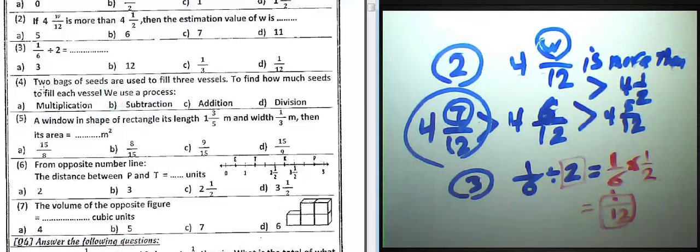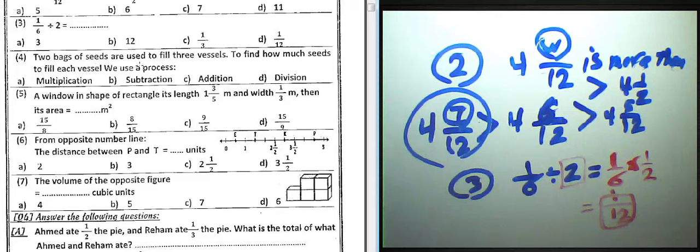Question number 4. 2 bags of seeds are used to fill 3 vessels. To find how many seeds fill each vessel, we use the process.